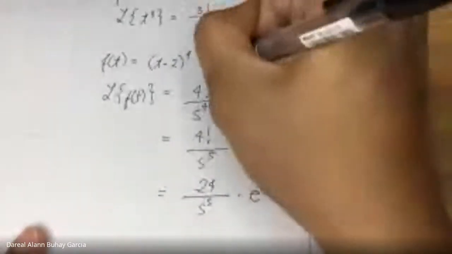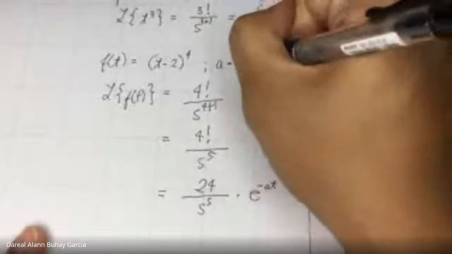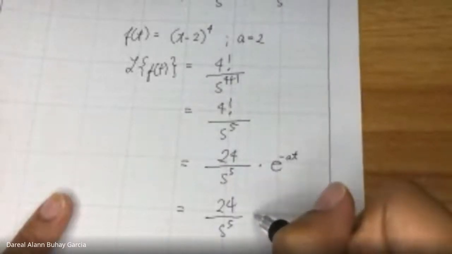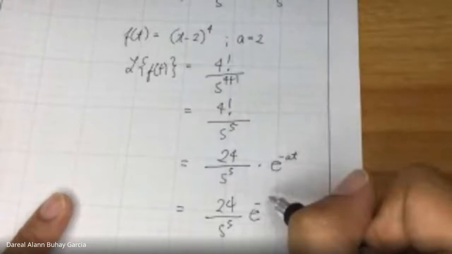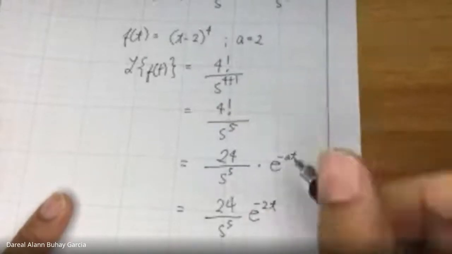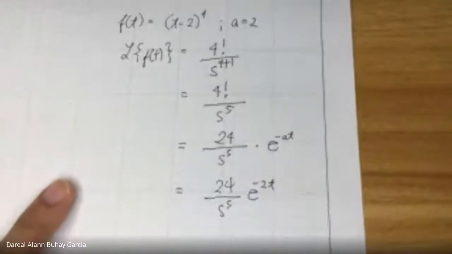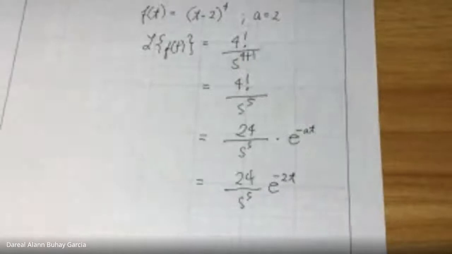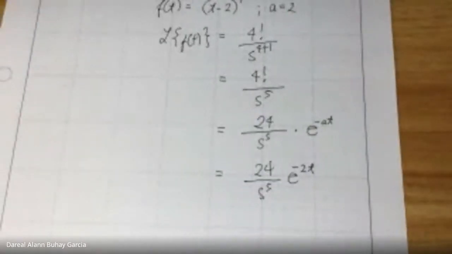And since a is 2, in this case, our a is 2, this becomes 24 over s to the power of 5 times e to the negative 2t. So, ingana. No?